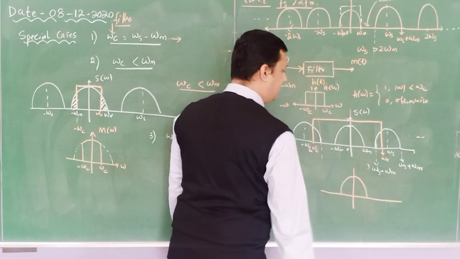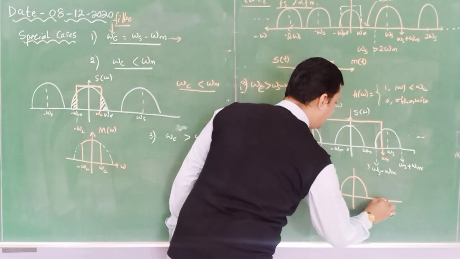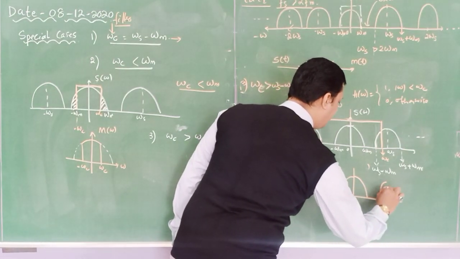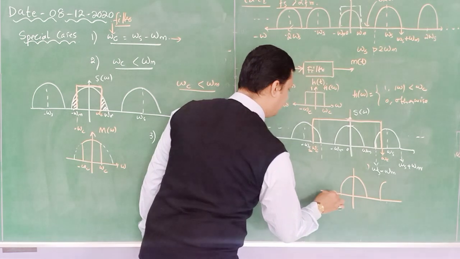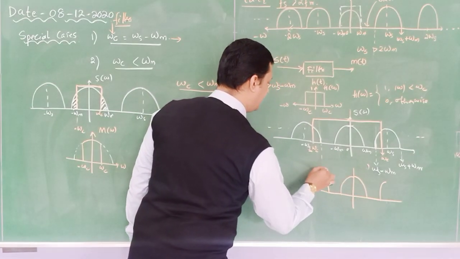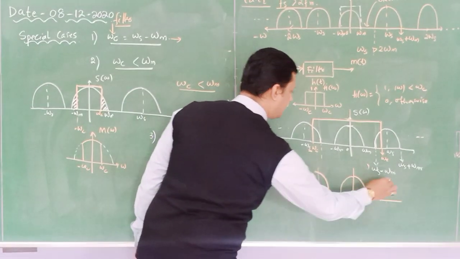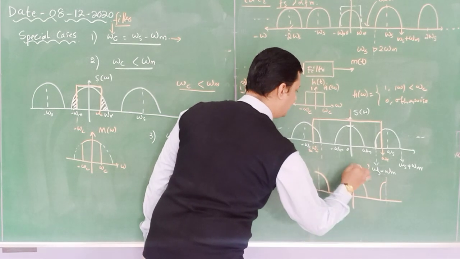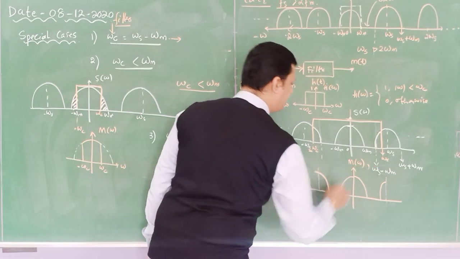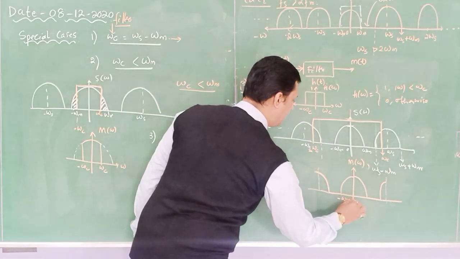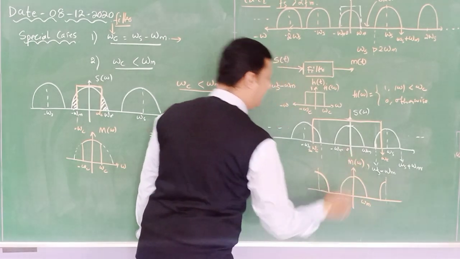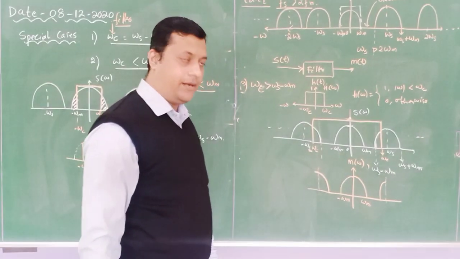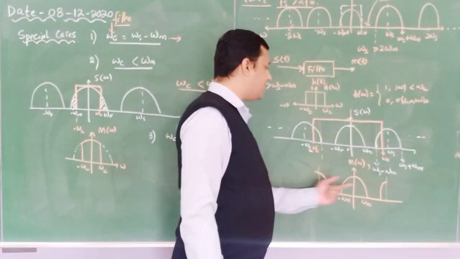So this is a band limited signal, but there will be some other information added which acts as noise. Okay. So this is up to this much. So this is m of omega. This is my information, the modulating signal, but additional information is there.